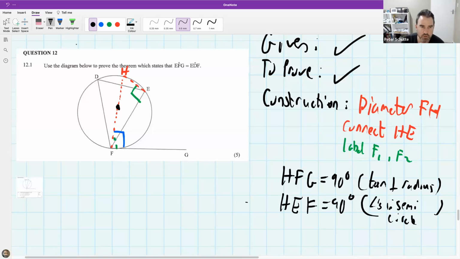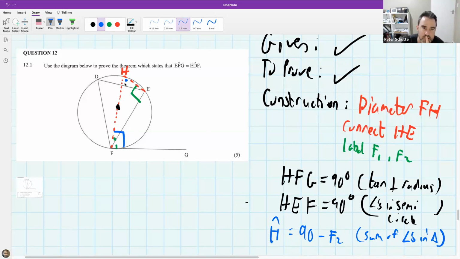Now, what did we do next? From what I remember, we worked out what this angle H is at the top. And we said that angle H is equal to 90 minus F2. So this one over here is 90 minus F2, by sum of angles in a triangle.